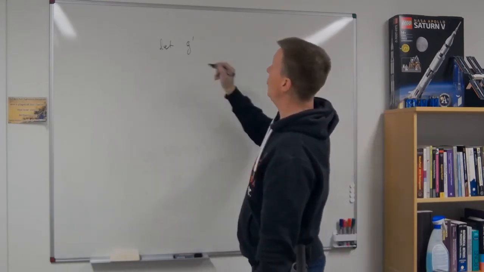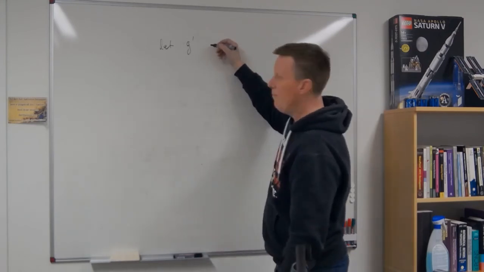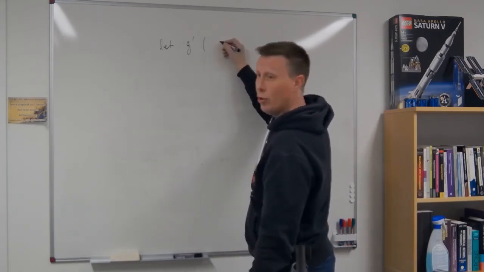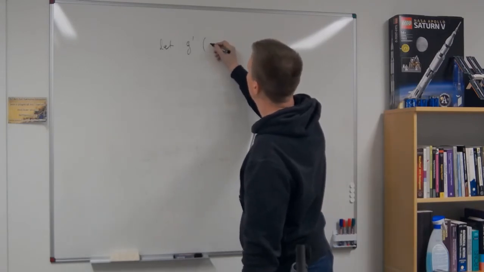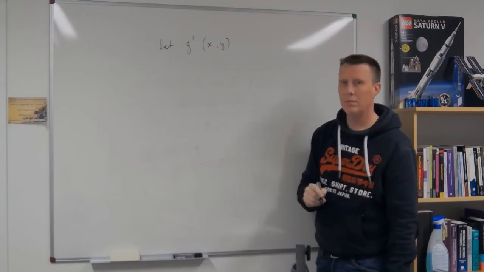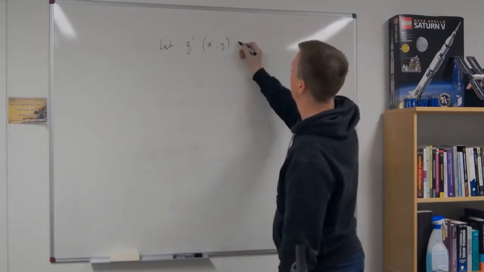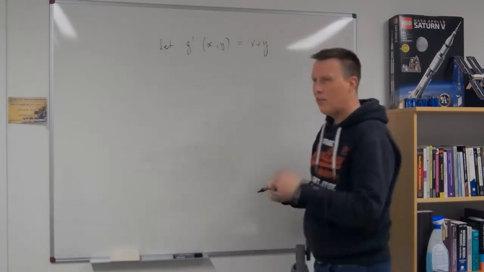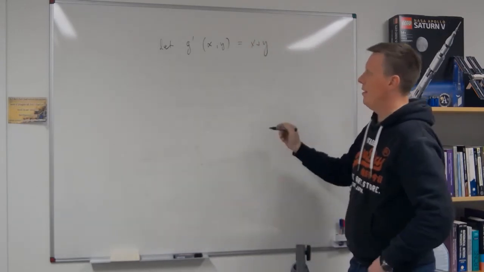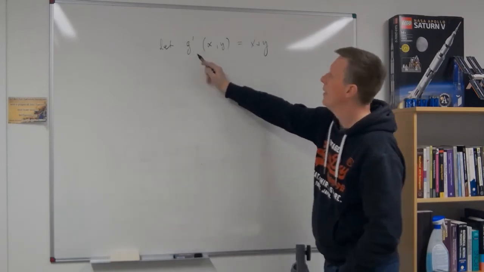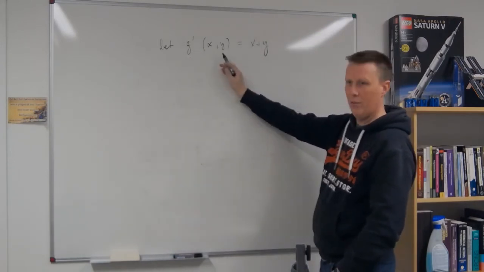I could say let g prime, and then I could say, well, g takes a tuple argument, x and y, and look, now I have parentheses, and that's x plus y. And there's a very subtle but important thing here. This definition states that g prime takes a single argument.